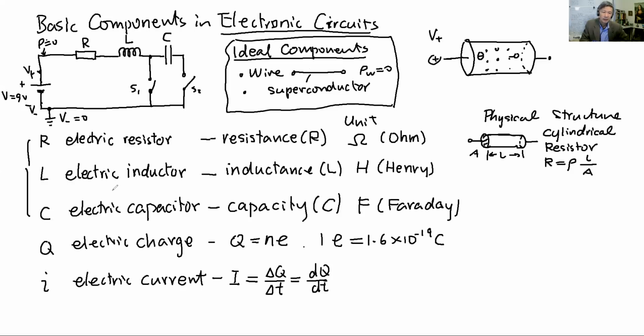And how about the inductor? An inductor is just a solenoid. If I just draw this cylinder shape, you can use a coil, so you can make a cylinder coil.